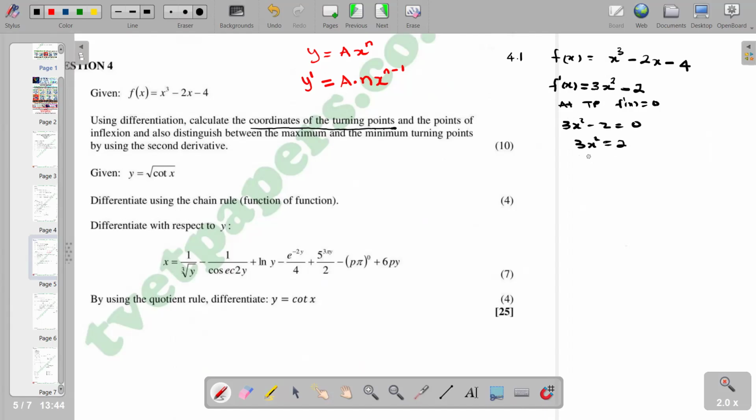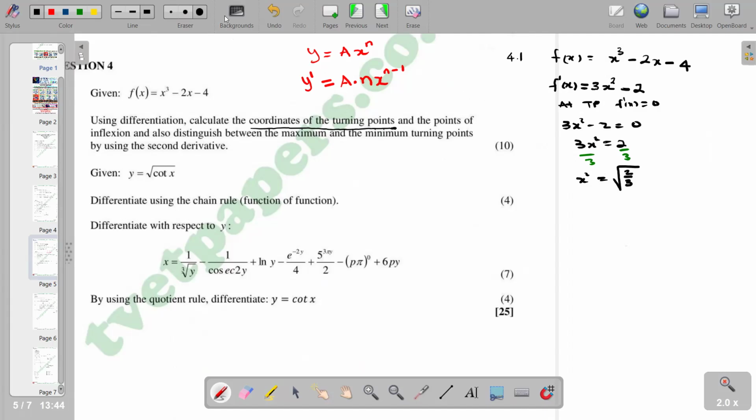Dividing both sides by 3, we are left with our x squared being equal to 2 over 3.